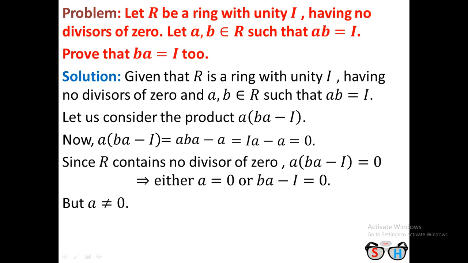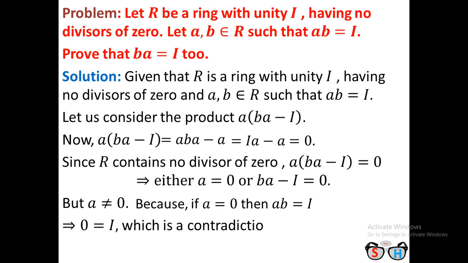But here A is non-zero, because if A equal to 0, then AB equal to I implies that 0 equal to I, a contradiction. Actually, if A equal to 0, then from that result 0·B equal to I, that means 0 equal to I. But we know that R contains unity I, so R clearly is a non-trivial ring, so R contains more than one element.